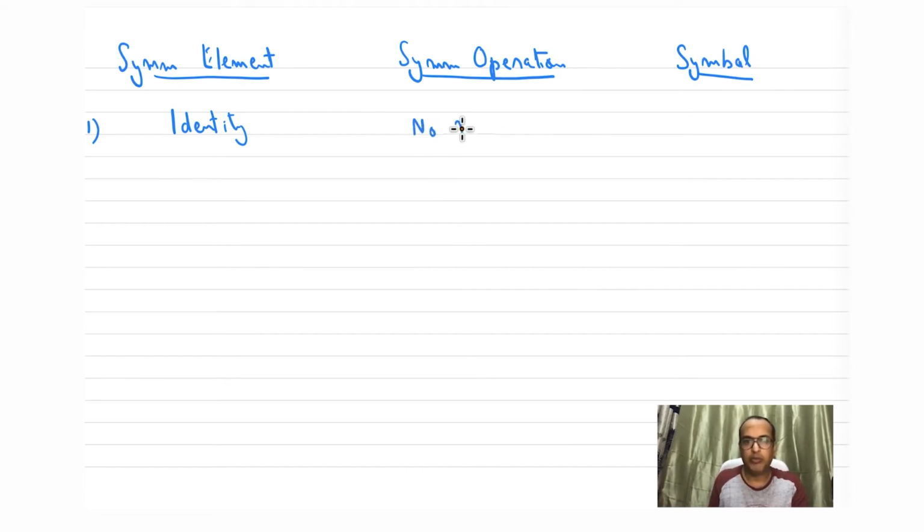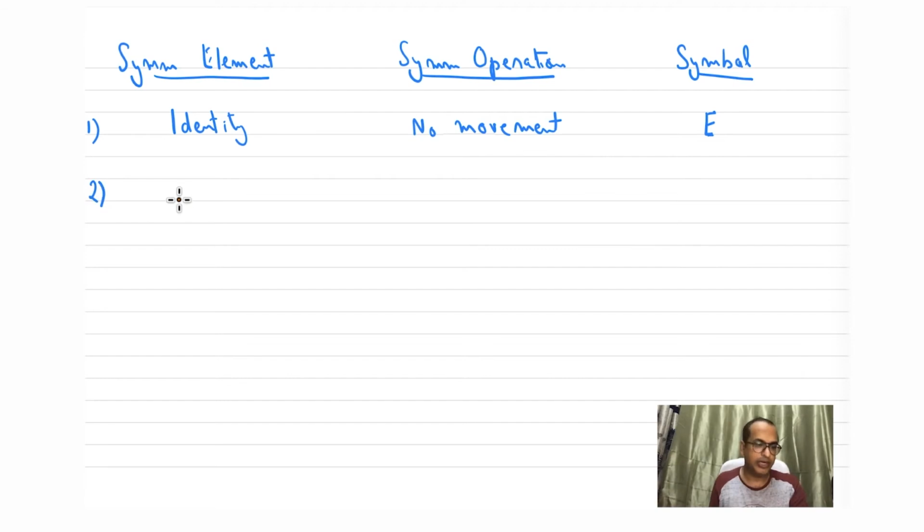So you do not move the molecule in this case. If you do not move, the molecule will always be in an equivalent position to itself, right? So the symbol corresponding to this is E, uppercase E. So identity operation and identity symmetry element.